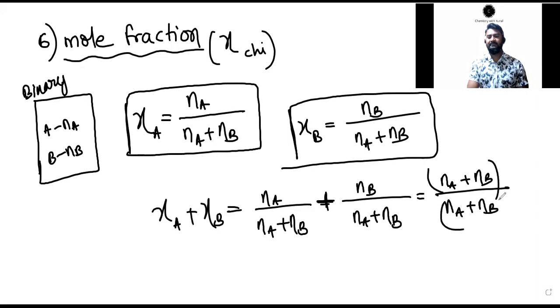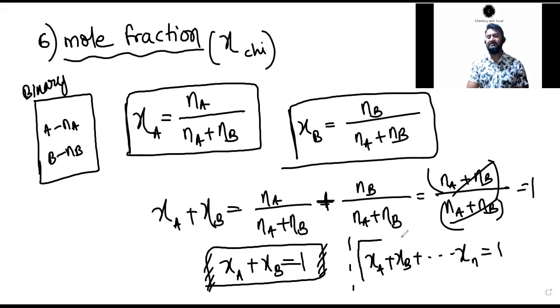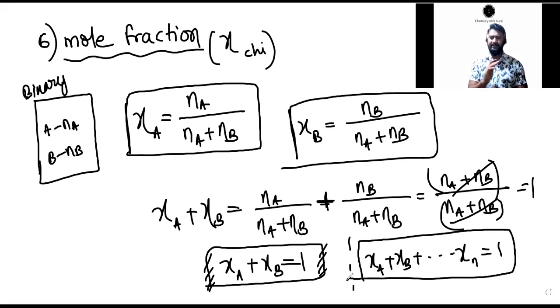So see what will happen? Yes, it will become 1. So chi A plus chi B will become equal to 1. This is the formula which we may have to remember for binary solutions only. If it is not a binary solution, then chi A plus chi B plus chi C, whatever, will be equal to 1. It always remains true. If we add all the mole fractions, it will come as 1. That's the rule.